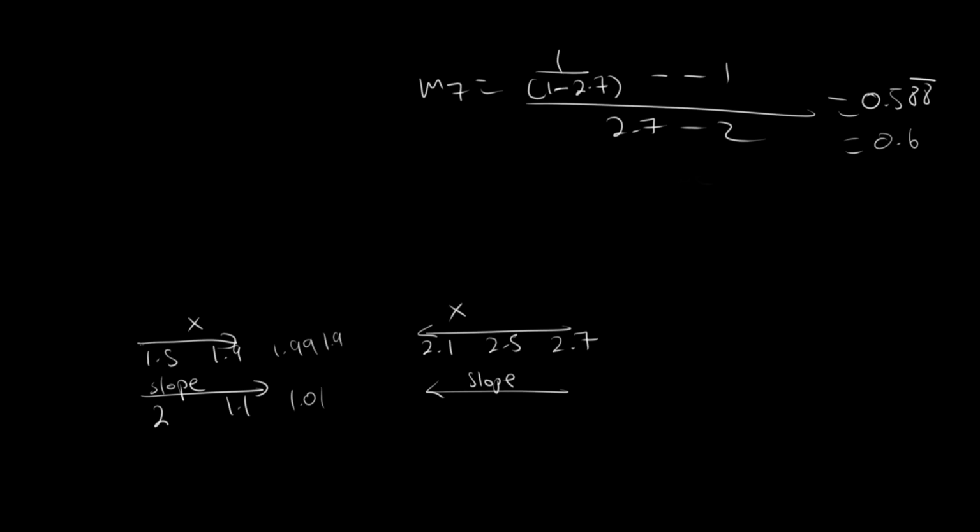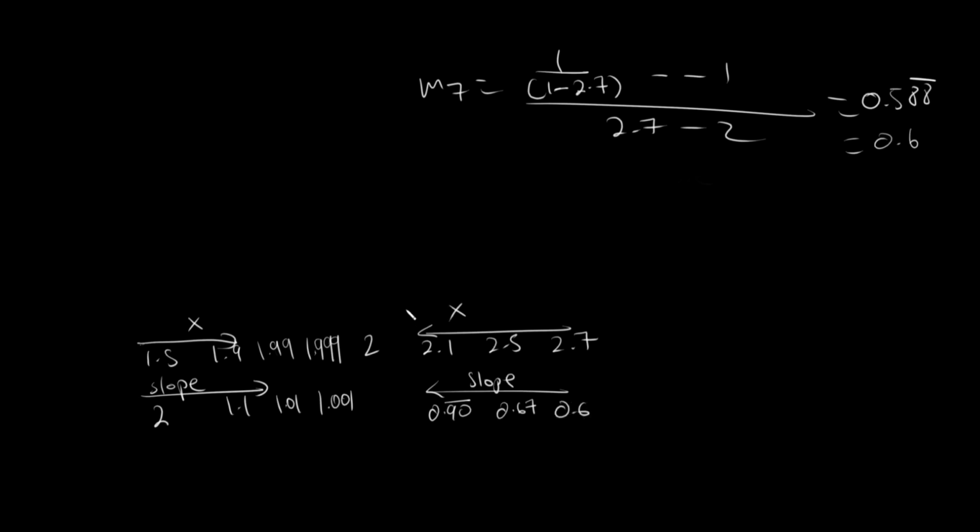I'll just make more space. 1.999, and let me write 2 here. So 1.99 we got 1.01. 1.9999 is 1.001. For 2.1 we got 0.19. 2.5 we got 0.67. 2.7 we got 0.6.